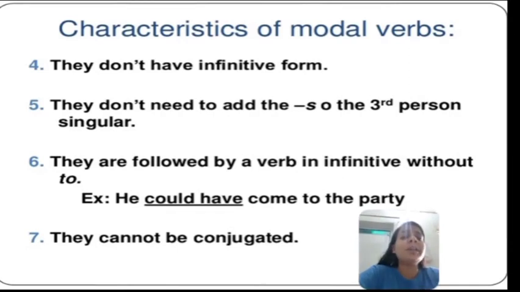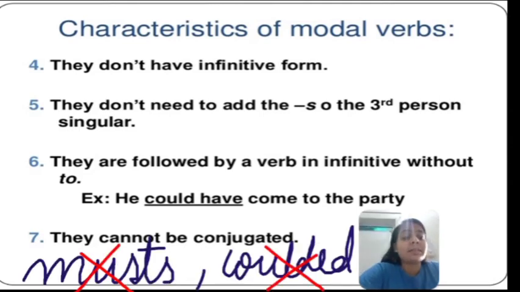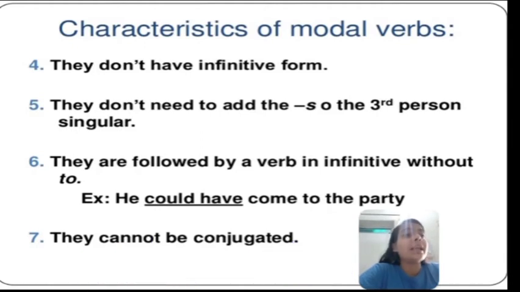There is no continuous or passive form of modals. You cannot say she musts, I am mighting, you were coulded. These forms do not exist and cannot be used in this way.